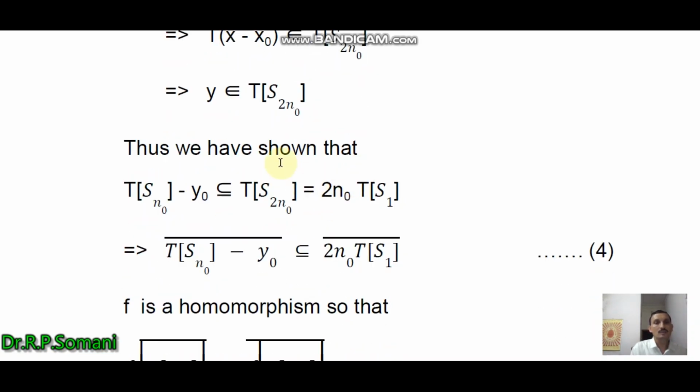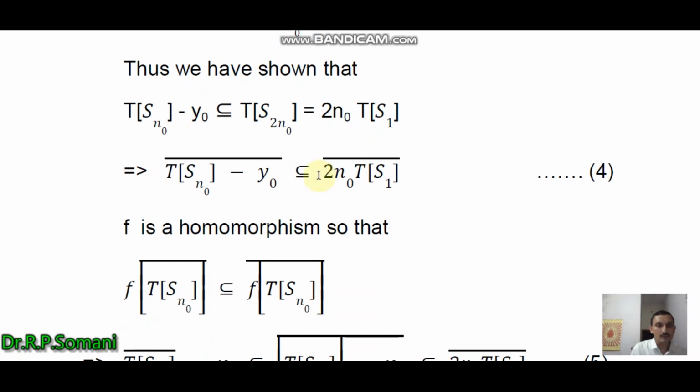Thus we have shown that T of the Sn0 minus y0 is a subset of the T S2n0, and this becomes 2n0 T S1. And therefore we obtain that T Sn0 minus y0 bar is a subset of the 2n0 T S1 bar, and this we denote as equation number 4.